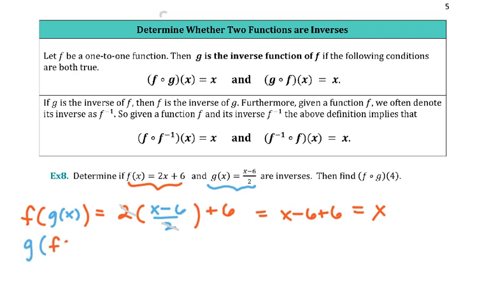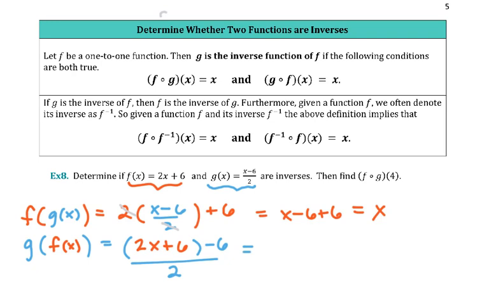So g of f of x means that I'm going to take my f function and plug it into g for that x value. So g of f of x, I end up with 2x plus 6 for my x, minus 6, all divided by 2.